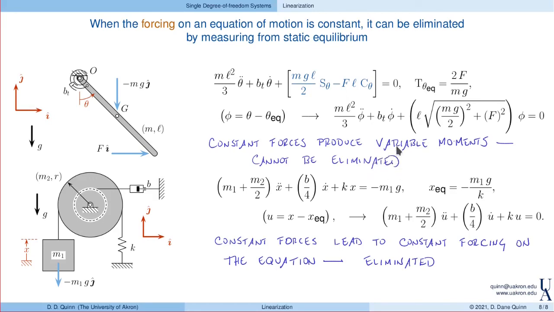So really the question of whether or not a term can be removed or eliminated or neglected by a change in coordinates comes down to the equations, not the actual force itself. So in this case, this constant force produces a constant forcing. But in this case, these constant forces produce a non-constant term in the equations of motion, one that depends on the configuration itself.